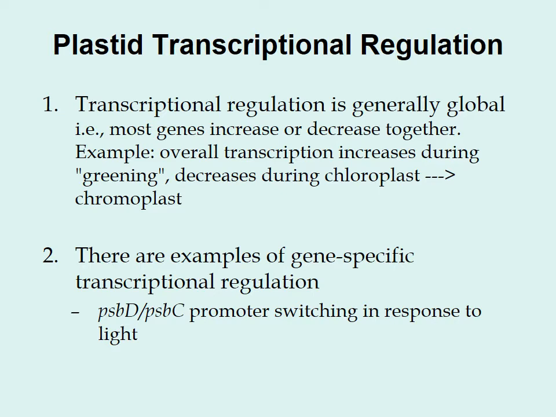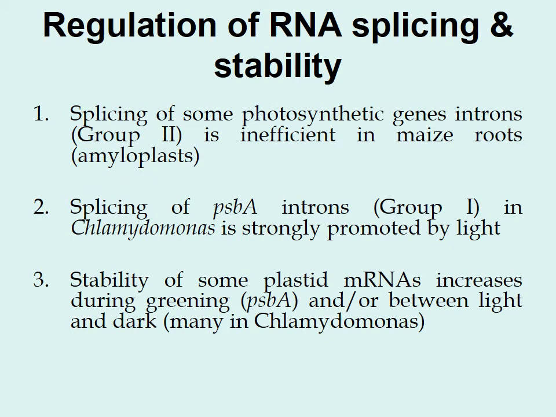There are examples of translational regulation of gene expression. The psbD and psbC promoter switches in response to light. Now the regulation of RNA splicing and stability. Splicing, as we have studied previously in the lecture on ribosome, is where the RNA causes its own cutting and rejoining.